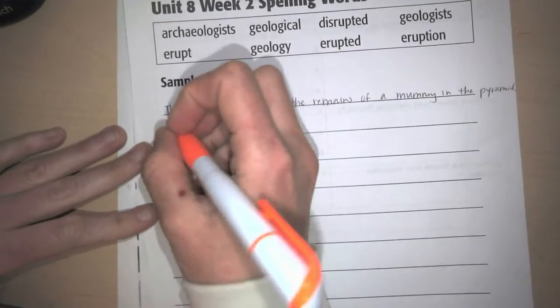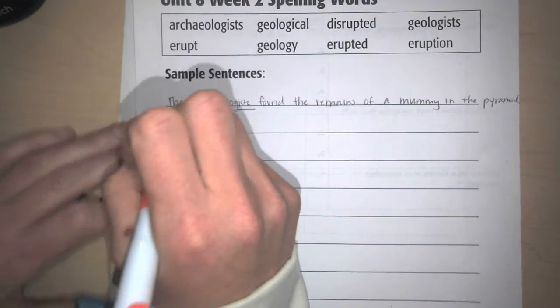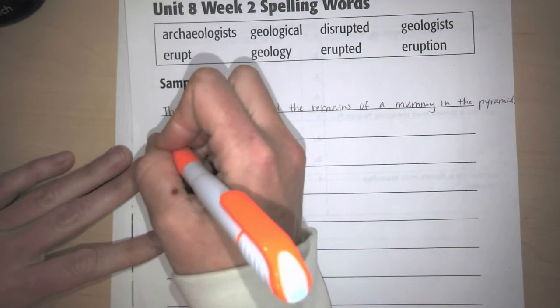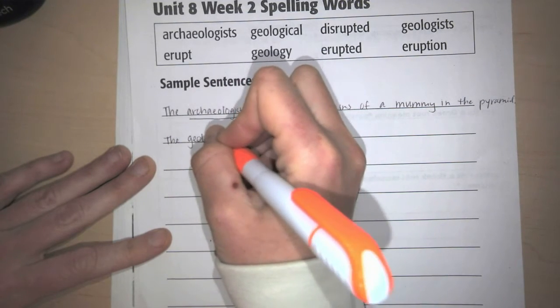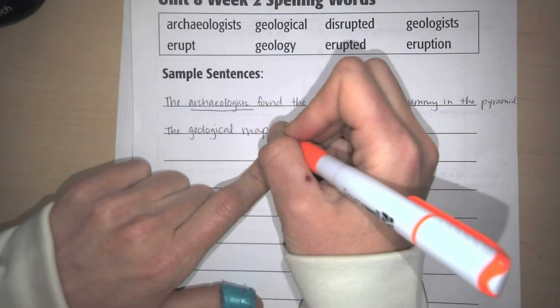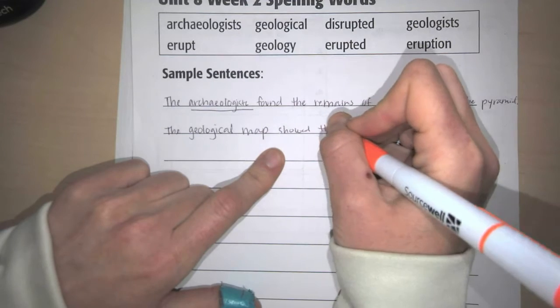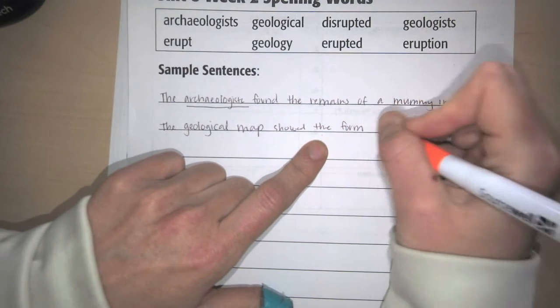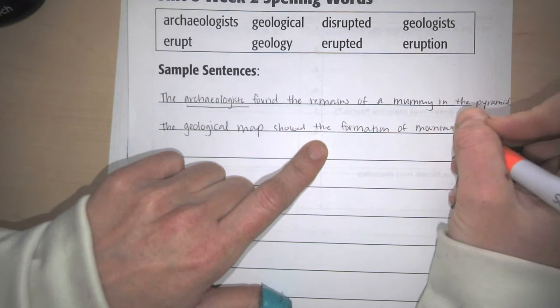So I could say something like, the geological map, and it's talking about the Earth's structure, showed the formation of mountains.